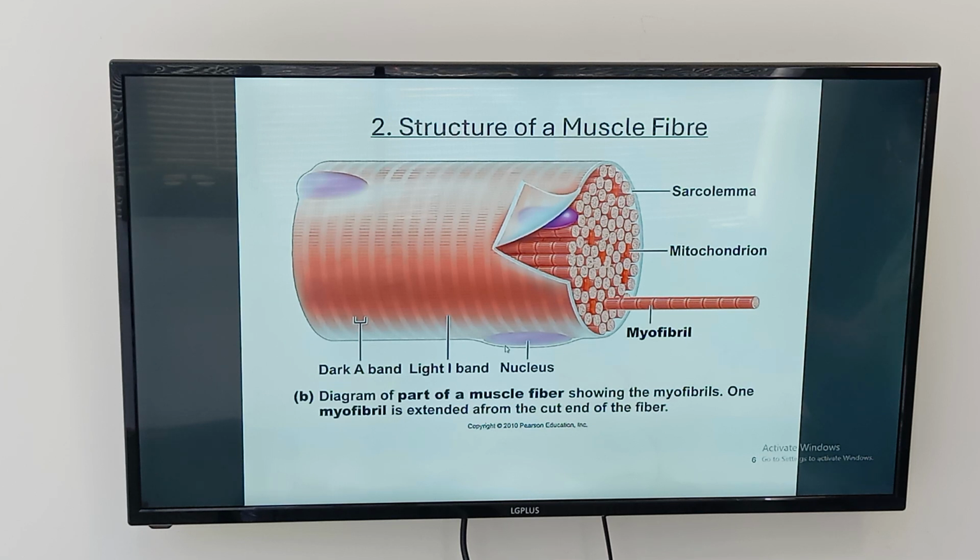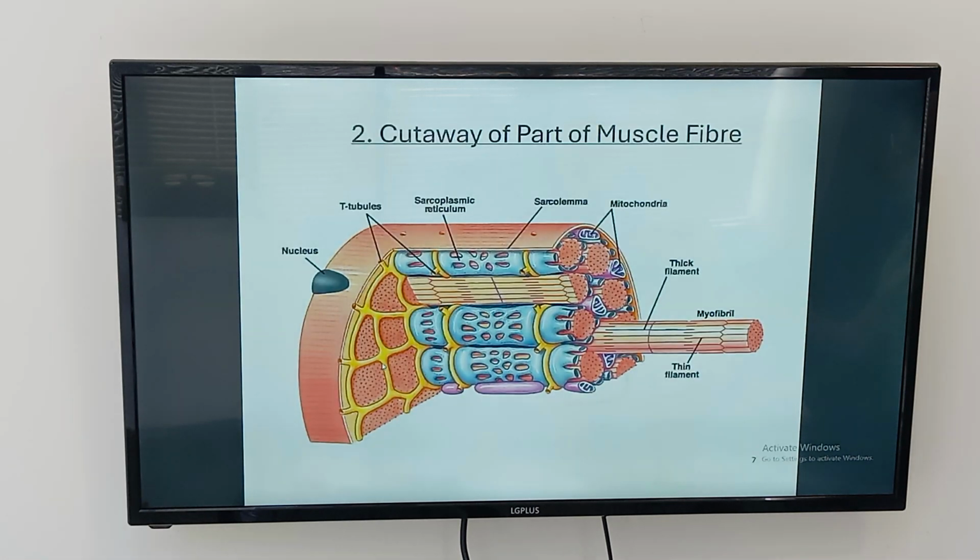Of course, the dark bands and light bands we're going to come across later on. It speaks about where the actin and myosin reside. But for now, let's talk about this.